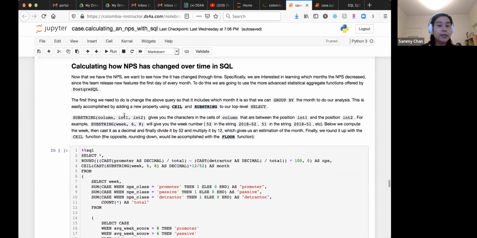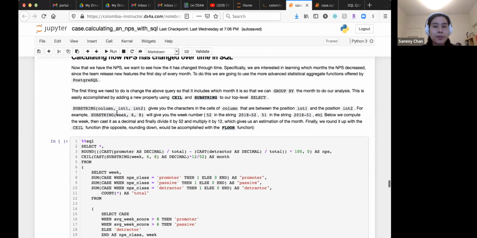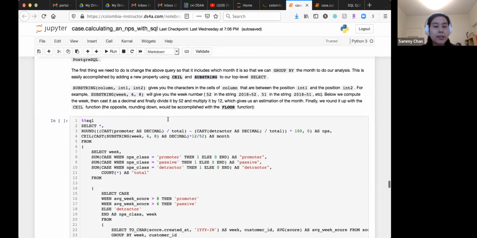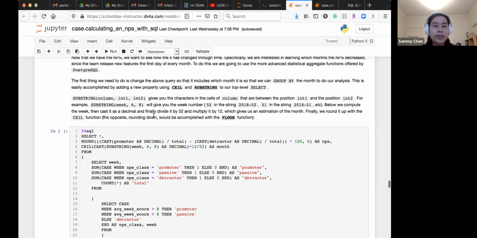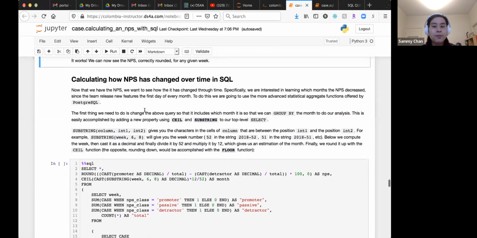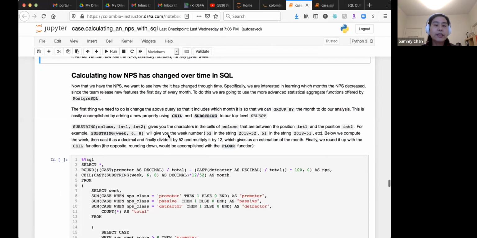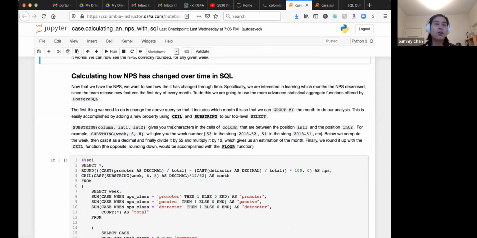So we are now going to introduce a few more functions or keywords in Postgres SQL, namely the ceiling and the floor. For the ceiling and the floor, it's basically doing the same thing as rounding, but ceiling is always rounding up.